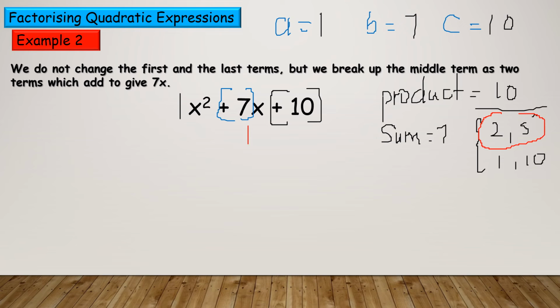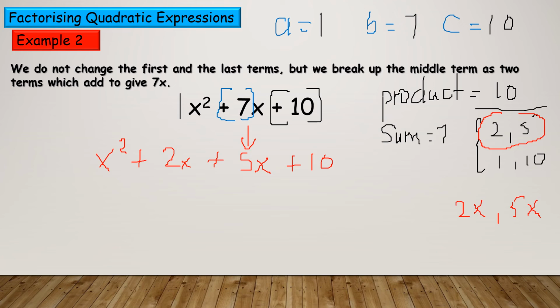So we're going to replace 7x with 2x and 5x, and rewrite it as x squared plus 2x plus 5x plus 10.